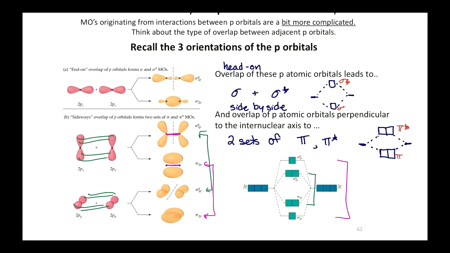Our ml values, or our orientations, are -1, 0, +1. There's 3 orbitals. Remember, if you draw a p subshell, how many boxes do you draw? 3 boxes, yes. So if each atom has 3 boxes, how many boxes total are there?